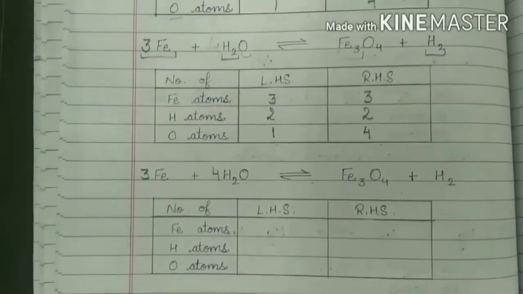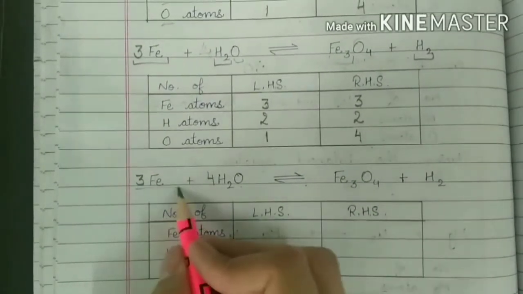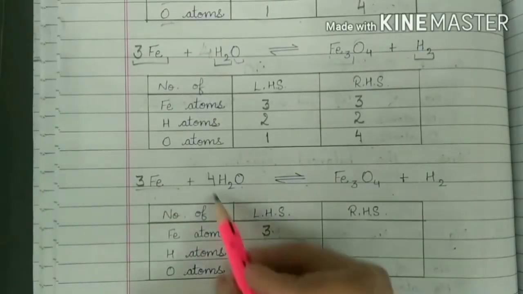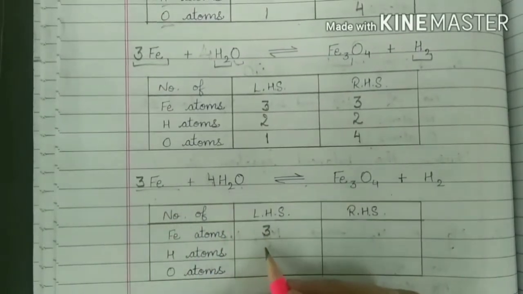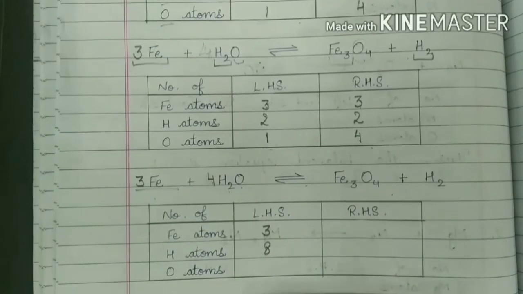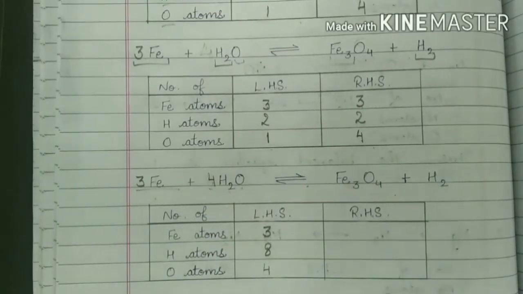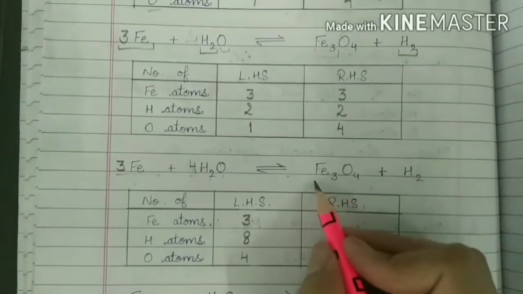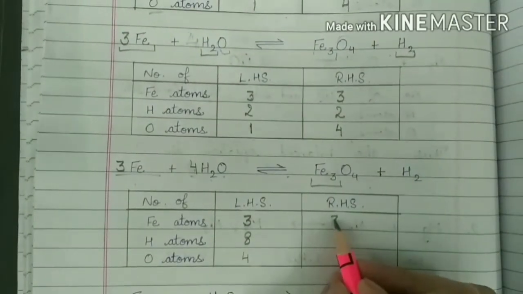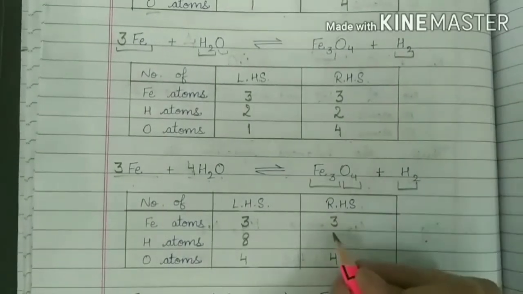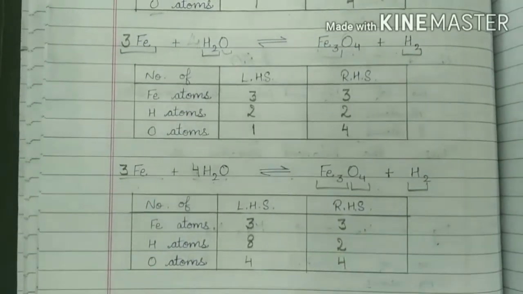Now again we have to count the number of atoms here. 3 iron on the left hand side, 4 2s are 8 hydrogen atoms on the left hand side, and 4 oxygen atoms on the left hand side. And on the right hand side we have 3 iron atoms, 4 oxygen atoms, and 2 hydrogen atoms.